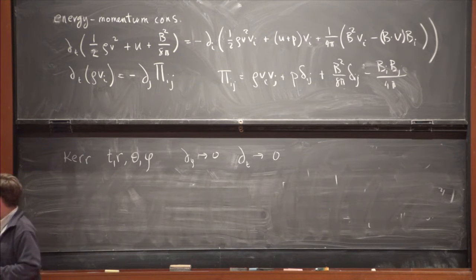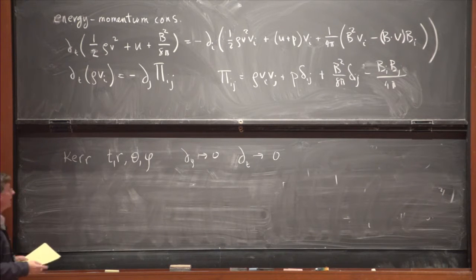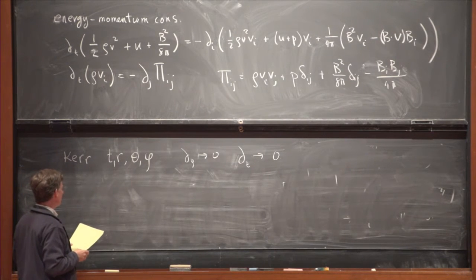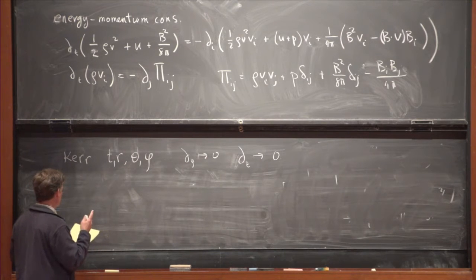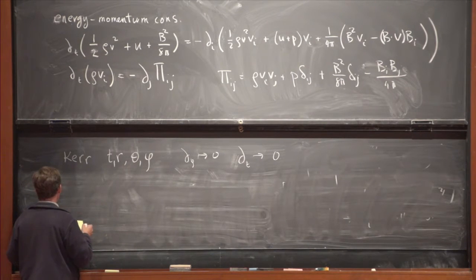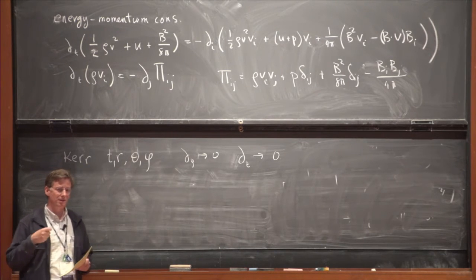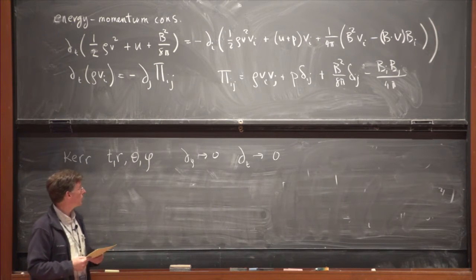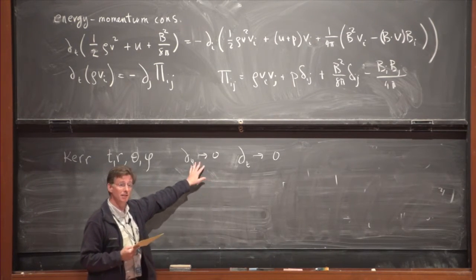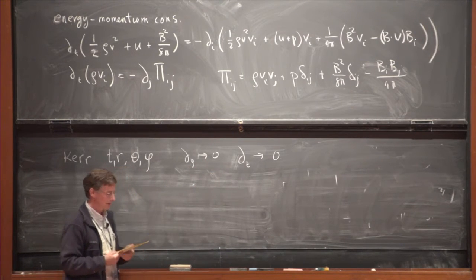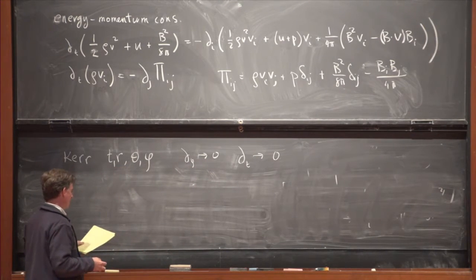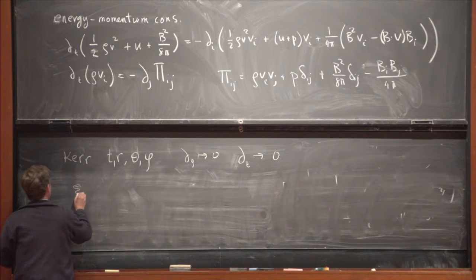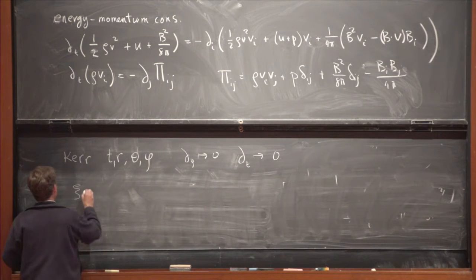Okay, so let me give you an abbreviated discussion of the way these symmetries are represented. They're represented using so-called Killing vectors. And if there's a symmetry related to an ignorable coordinate like phi or t, in other words, del phi is 0 or del t is 0, then you can write down a so-called Killing vector.